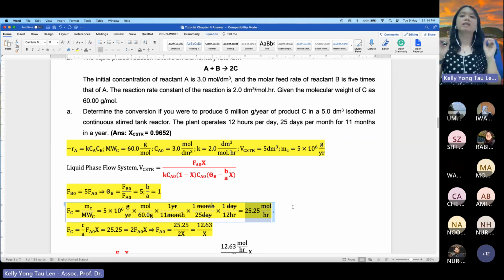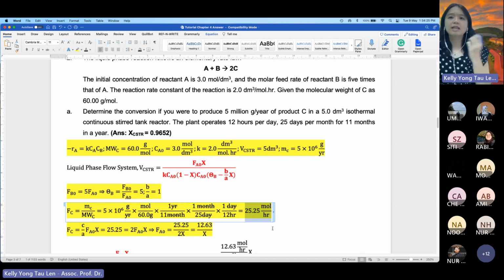Okay, so now saya dah tahu kalau saya nak hasilkan 5 million gram per year of product C, molar flow rate yang saya kena ada dalam reaktor saya, mass flow rate of C dalam reaktor saya adalah 25.25 mole per hour. Setiap 1 hour saya kena hasilkan 25.25 mole of C. Okay, then maybe you must back. Kenapa kita cari FC kan?